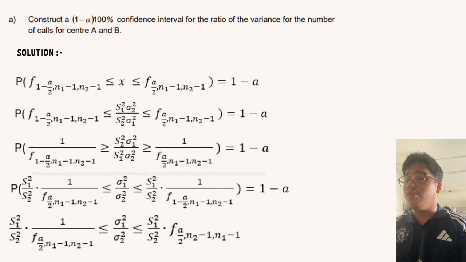After that, we rearrange the formula again for F sub 1 minus alpha over 2, because in the F distribution table we don't have the value for 1 minus alpha over 2. So we rearrange it to get F sub alpha over 2 with n2 minus 1 and n1 minus 1. After that, we will get the answer.